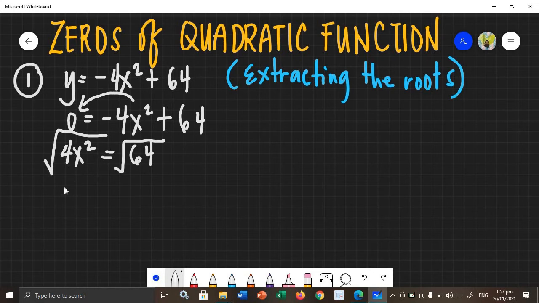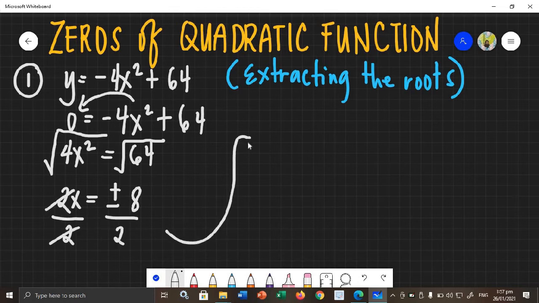So, to simplify, square root of 4 is 2. Square root ni x squared, that will be equal to x na lang. Square root ni 64 is equal to positive negative 8. Okay? And then, to get rid of 2 beside x, divide natin both by 2. So, cancel. And then, x is equal to, so paghiwalay natin yung sign.